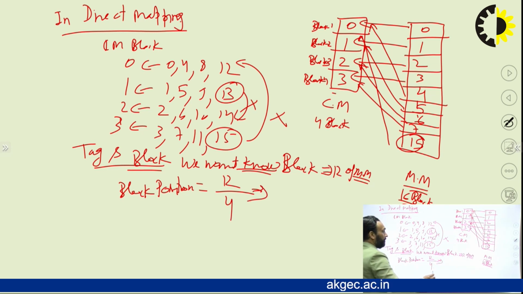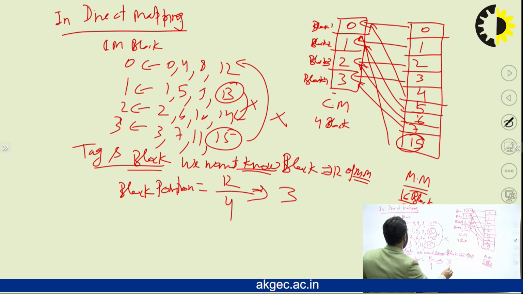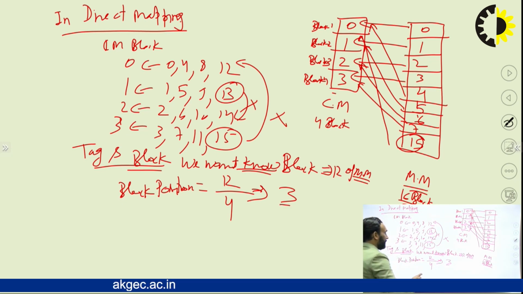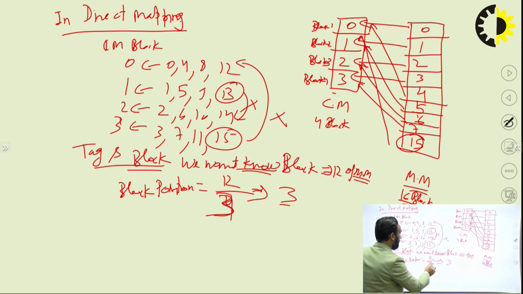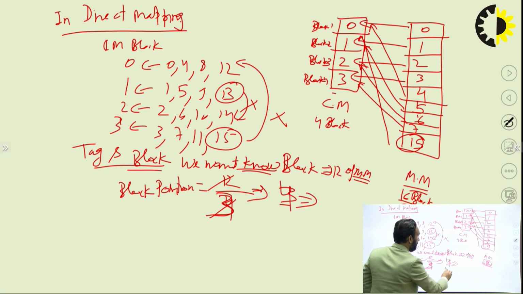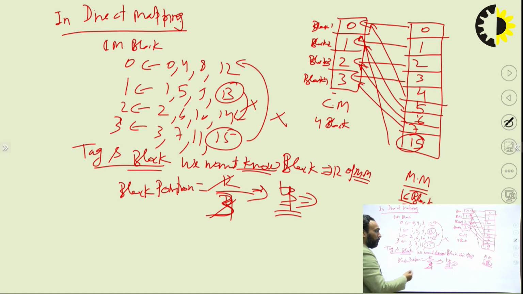So we will find it by dividing, and we consider 3 here, because 0, 1, 2, 3. 12 divided by 4 represents 4. That means during block 0 it has the 4th position.